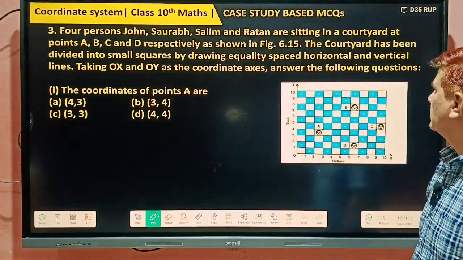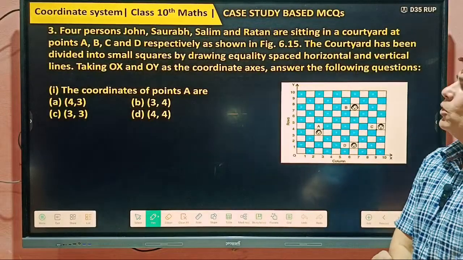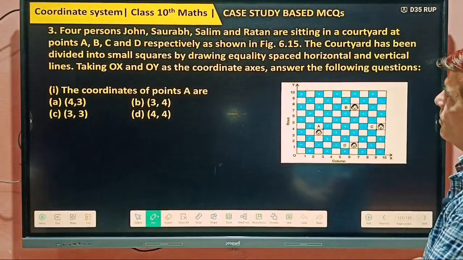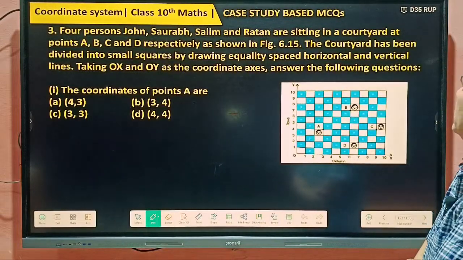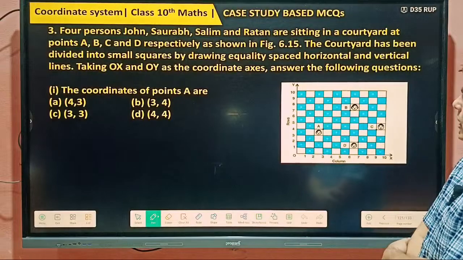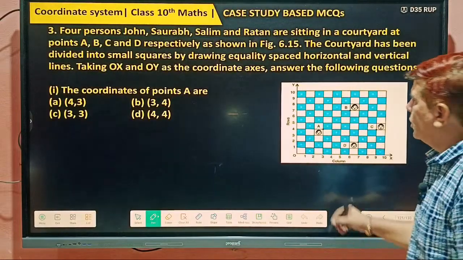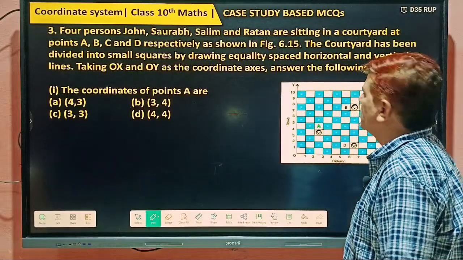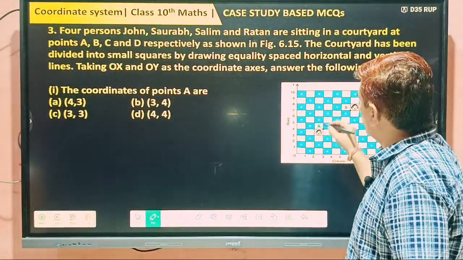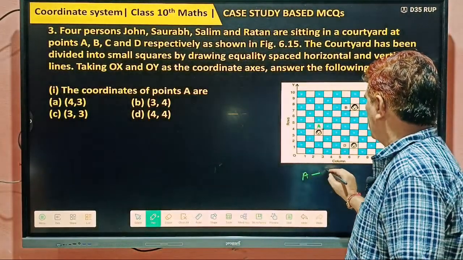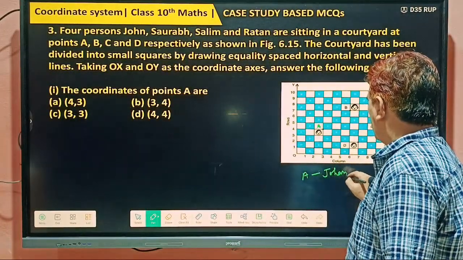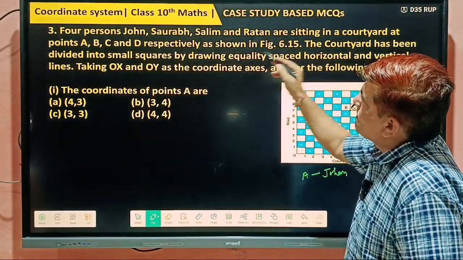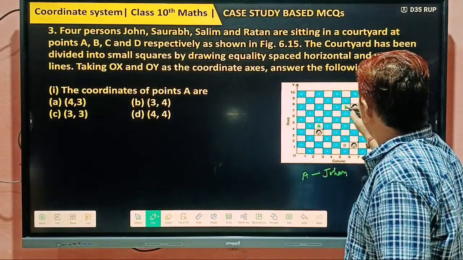Next, look, one more case study is given. 4 persons, John, Saurabh, Salim and Ratan are sitting in a courtyard at a point A. So here is the point A. A means John. B means Saurabh. B is this.